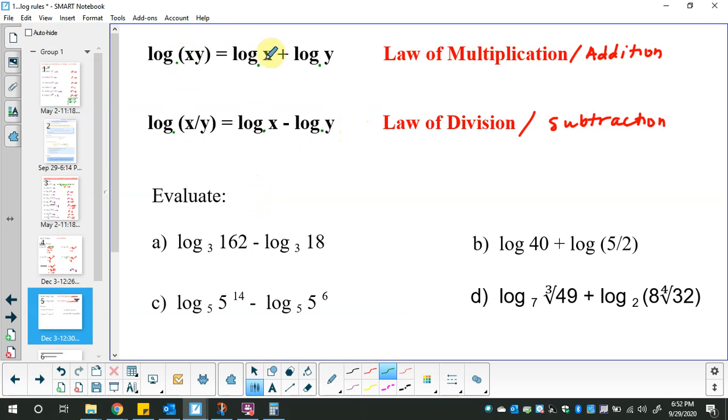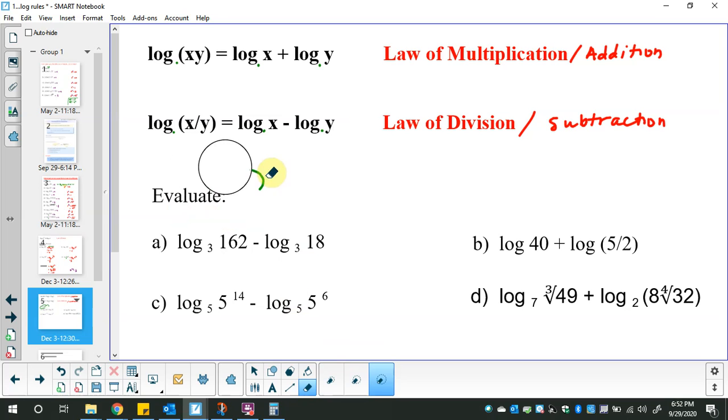So I didn't write any bases down for any of these. That does not mean it only works for base 10. It just means that you could use a consistent base through the entire question. So we're going to bop between using the law of multiplication / addition or the law of division to answer these questions where, again, I'm asking you to evaluate. So come out with a number answer, please.